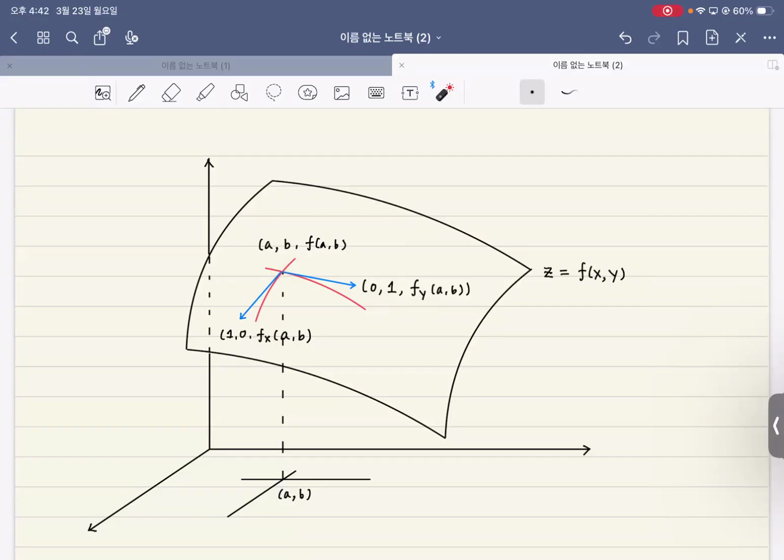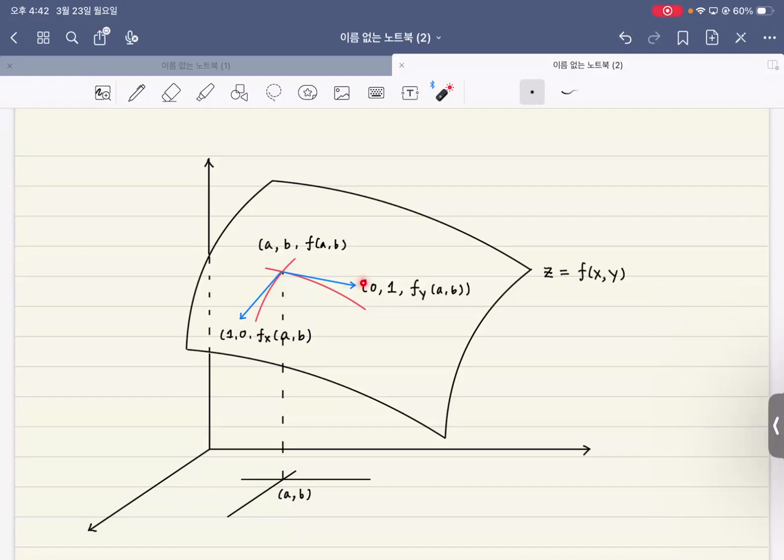Now you consider not a velocity vector, not a tangent vector, but the tangent plane, which is tangent to this graph surface at this point. And the tangent plane must contain these two vectors.